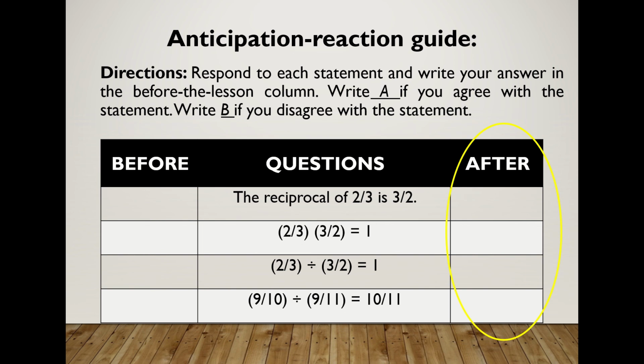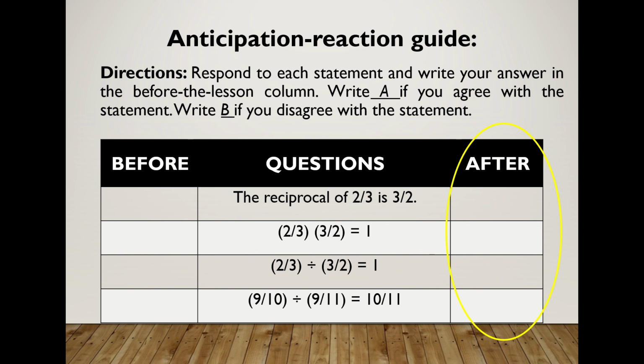Meaning to say, if you agree, write A. If you disagree, write B. Number 3, 2 over 3 divided by 3 over 2 is equal to 1. So again, write A if you agree, write B if you disagree. The next one, 9 over 10 divided by 9 over 11 is equal to 10 over 11. Write A if you agree, write B if you disagree.